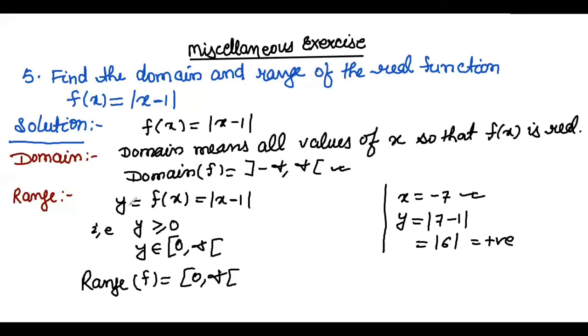Because of that, I'm writing here y greater than 0. And when I'm applying x equals 1, we are getting y equal to 0. So we can write y greater than or equal to 0. So y belongs to 0 to infinity. So we can write the range is 0 to infinity. So this is our range value.